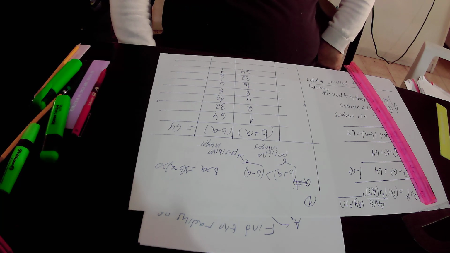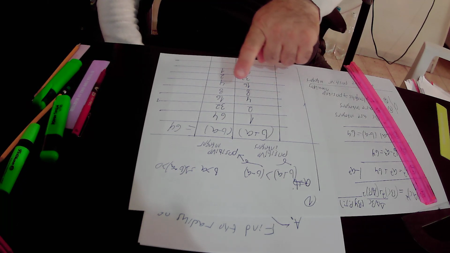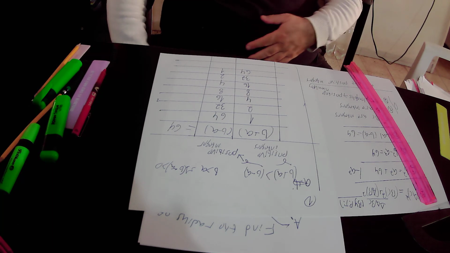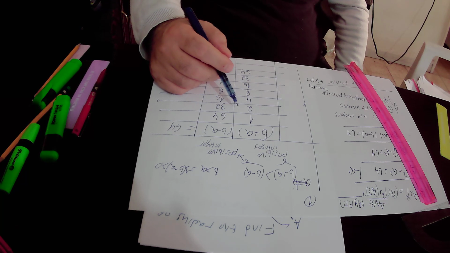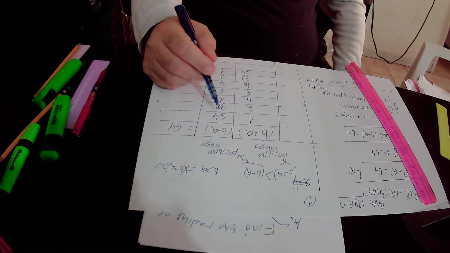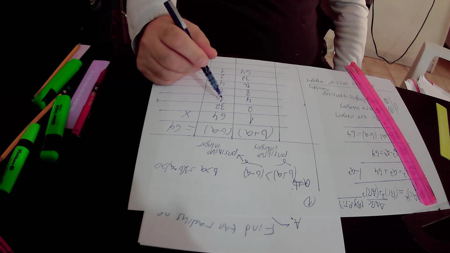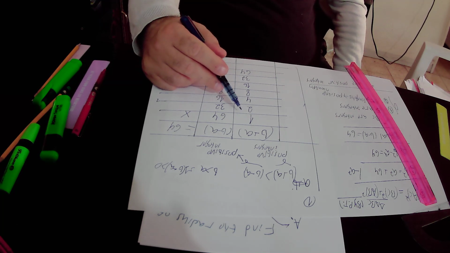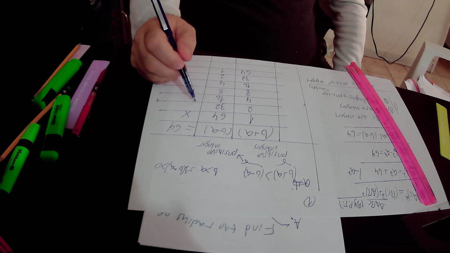Okay, but here we've already found out that b plus a must be greater than b minus a. So we know that 1, that is b plus a, is smaller than 64, so this is an invalid option. We cancel this possibility. 2, that is b plus a, is also less than 32, that is b minus a, so this is an invalid option.